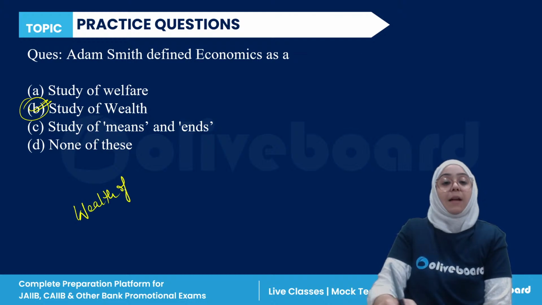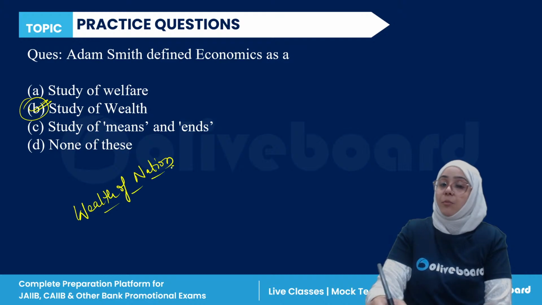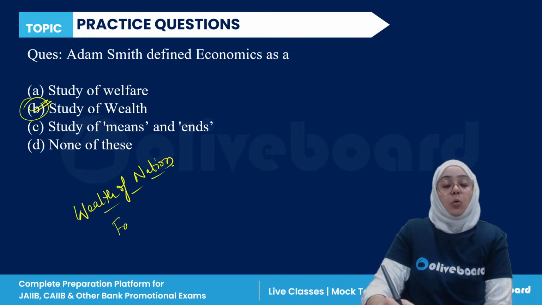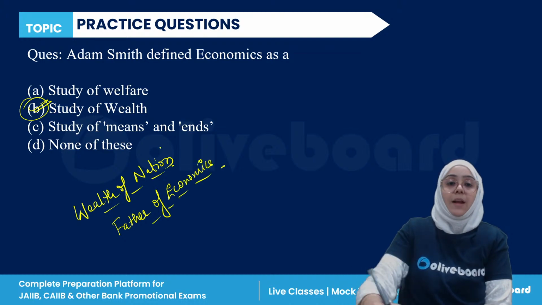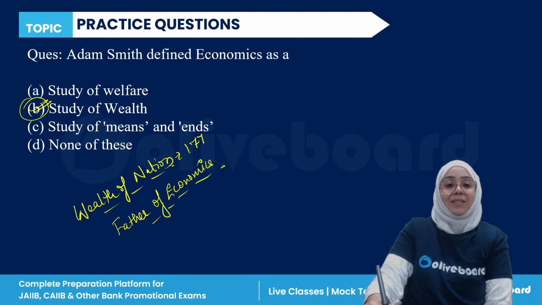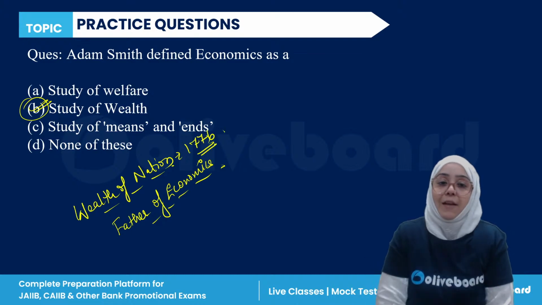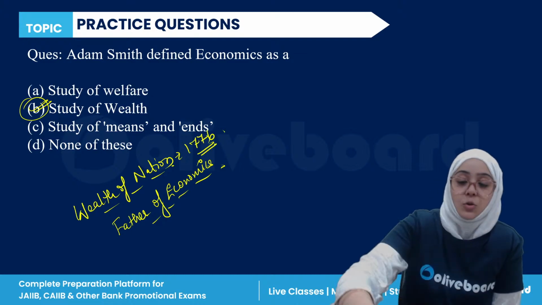In this book, Adam Smith defined economics as a study of wealth. Adam Smith is also known as the father of economics. The Wealth of Nations was published in 1776. Right? Good. Next question.